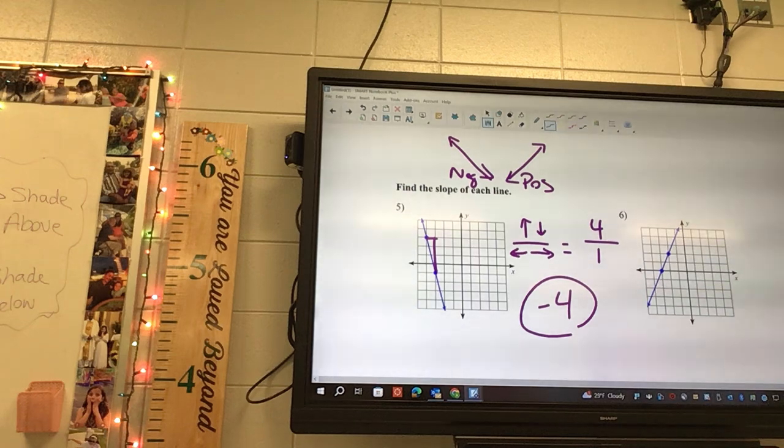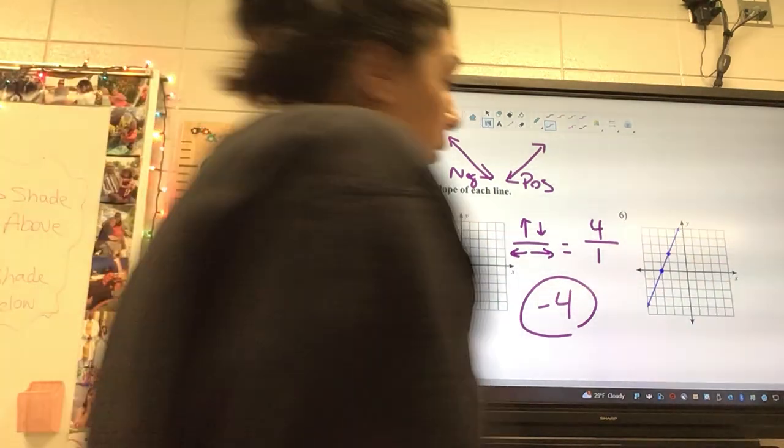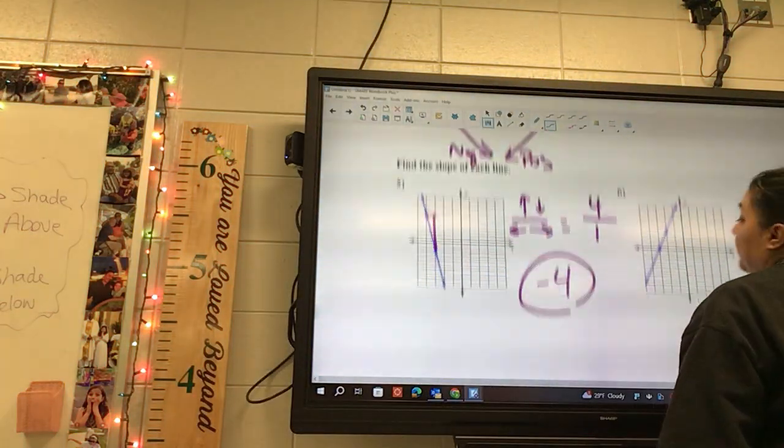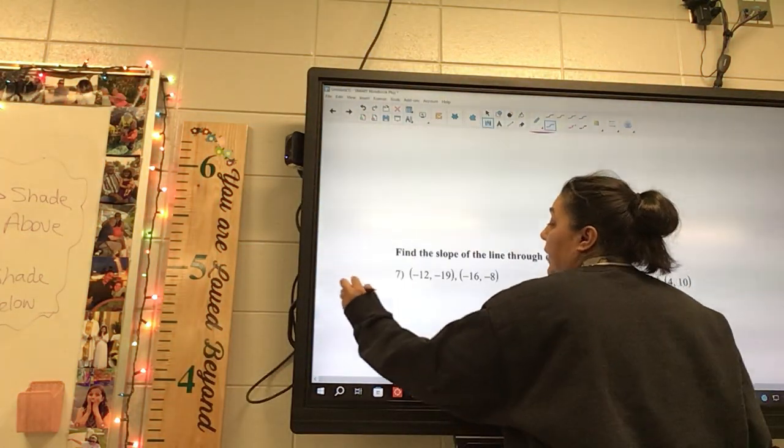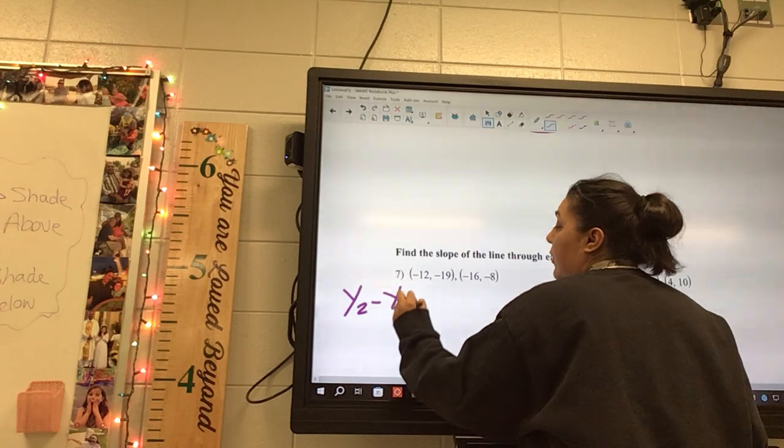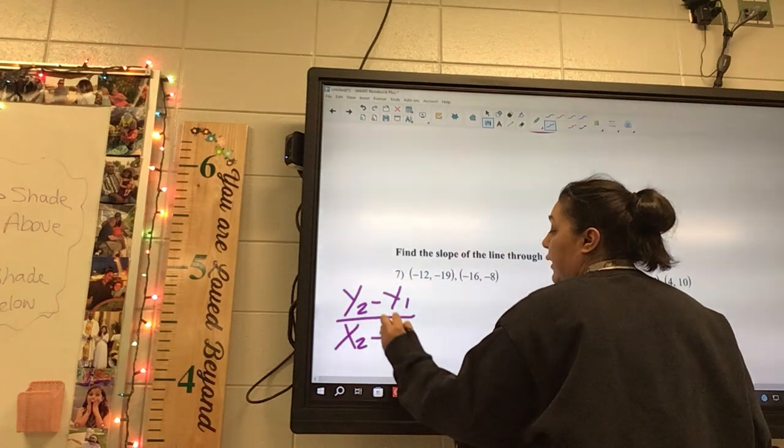Okay, what can you use on your final? This paper. Take as many or as little notes as you need, because this little section right here is just a lot of formulas. Number 7, you will need this formula: y2 minus y1 over x2 minus x1.